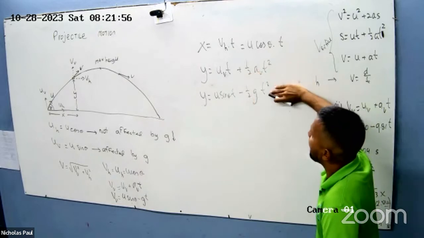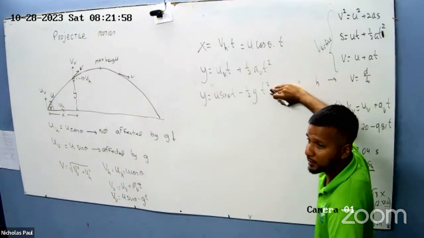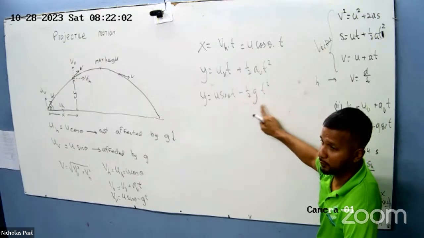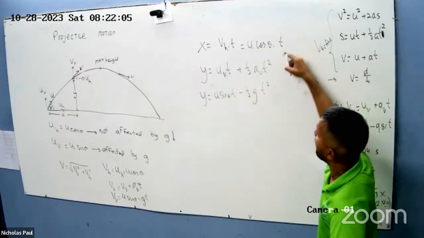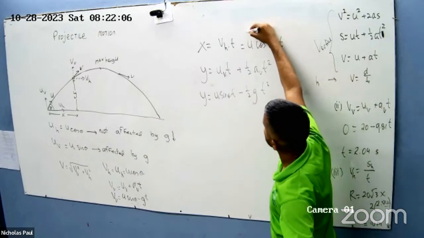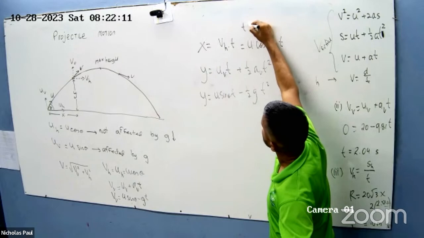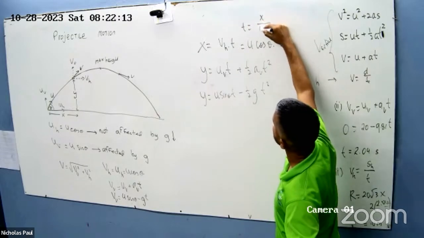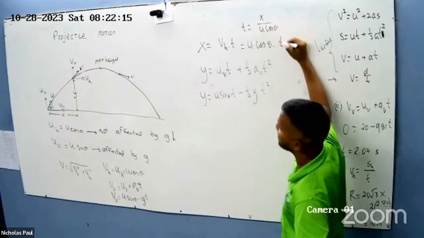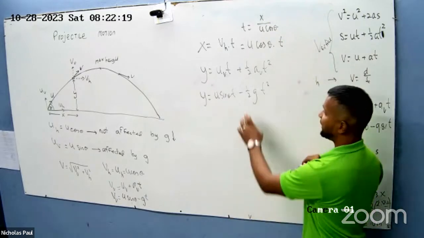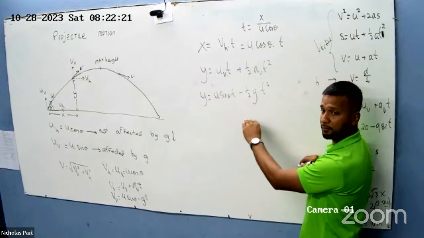Now, how do I make this look like a quadratic? Well, simple. All I have to do is get rid of t. How am I going to get rid of t? Watch this. If I make t the subject here, I'll get t is equal to x over u cos theta. That's okay? So I'm trying to get rid of t so I can get a quadratic.